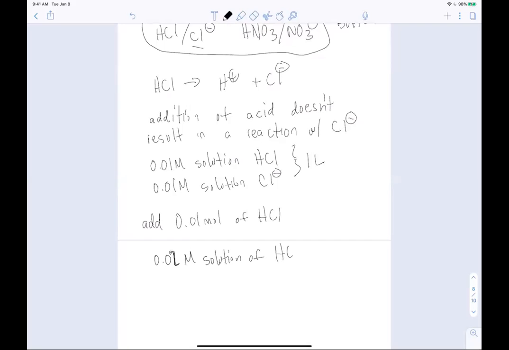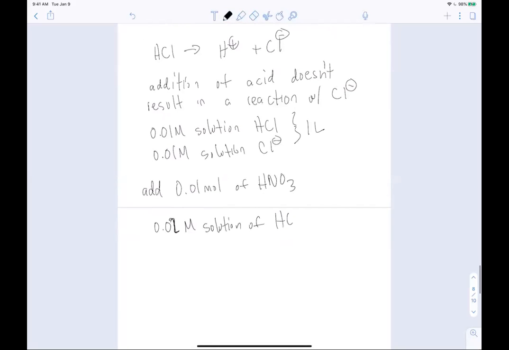Or let me give you a different acid there. Let's say nitric acid. What I end up with is a 0.02 molar solution of H plus and a 0.01 molar solution of Cl minus.